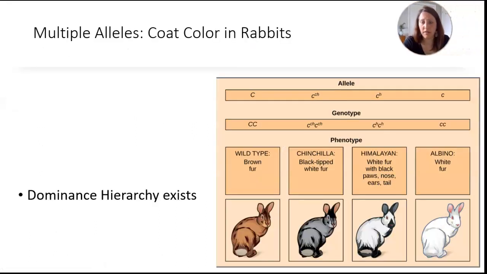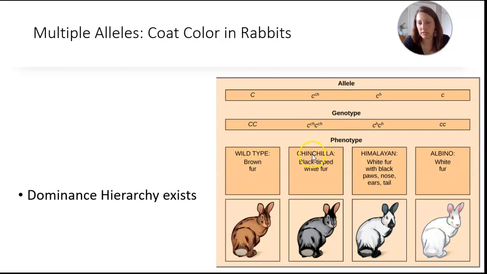Here we go. There are 4 alleles that exist for coat colors, listed here at the top. There's the capital C allele, the C-chinchilla allele (C^ch), the C-Himalayan allele (C^h), and the little c allele. For genotypes, this slide actually only gives you 4. Big C would give you brown fur.